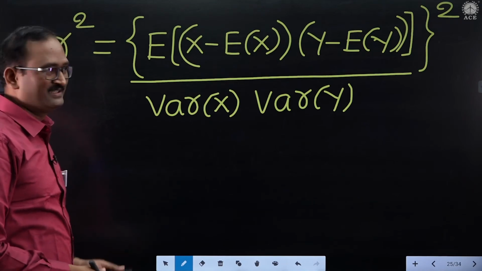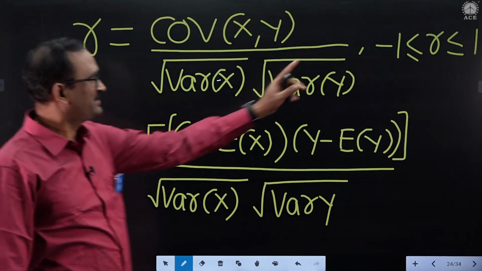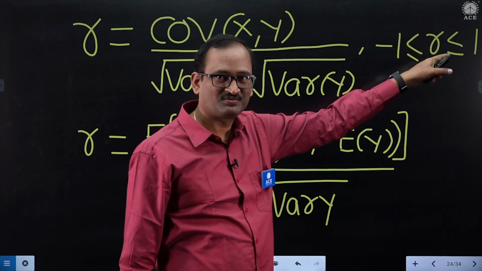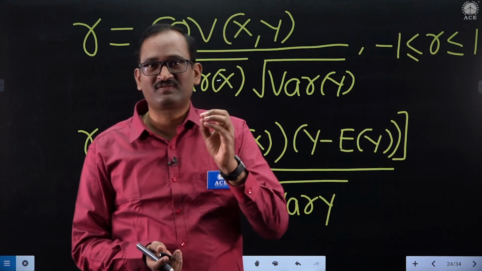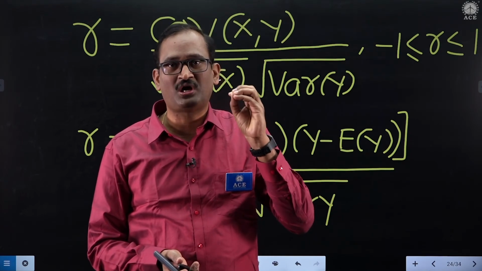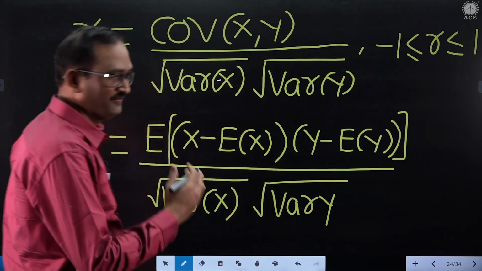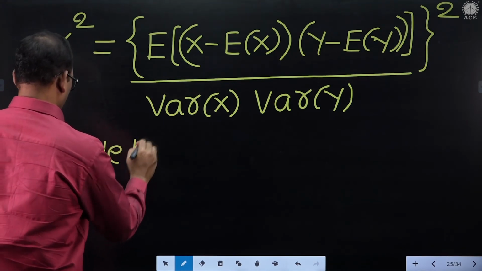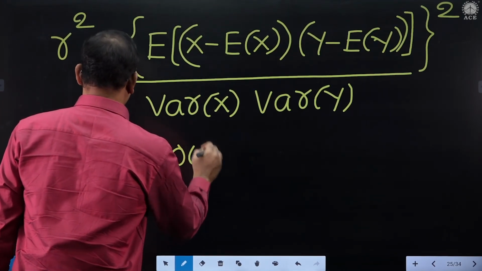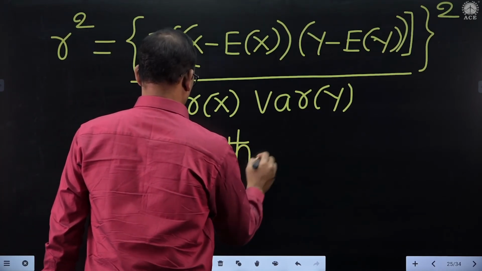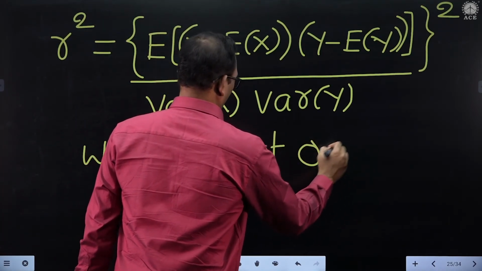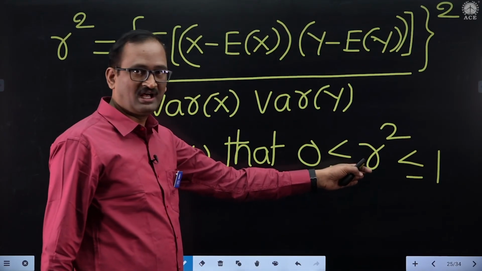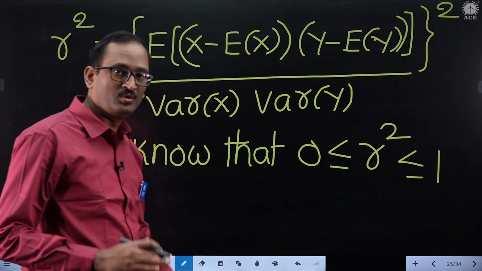We all know that the correlation coefficient small r value lies between minus 1 and plus 1. Then r square value should lie between 0 and 1. If r value lies between minus 1 and plus 1, then r square value lies between 0 and 1. We just need r square less than or equal to 1.